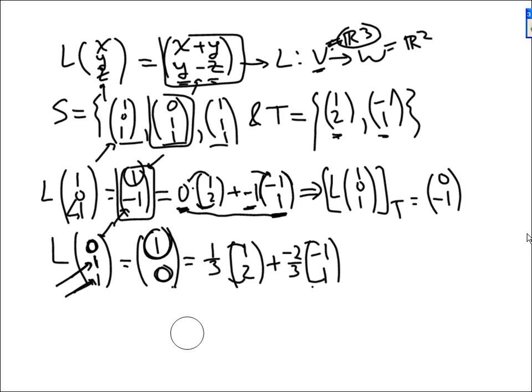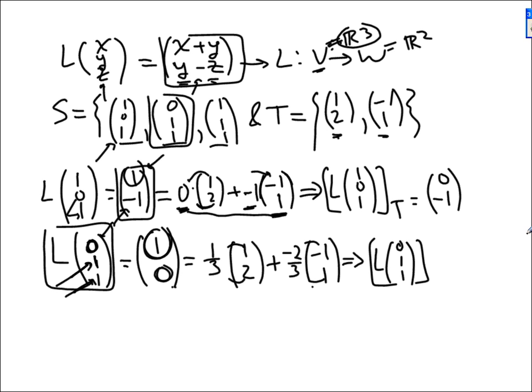So now I know the coordinates of L of 0, 1, 1 with respect to T. L of 0, 1, 1 is a vector. I know it because it equals the vector 1, 0. But the coordinates with respect to T is 1/3, negative 2/3.